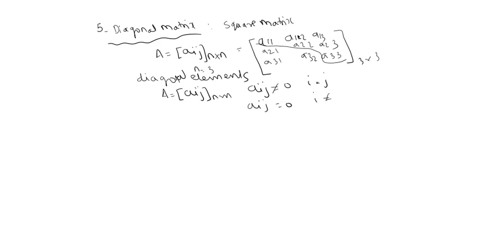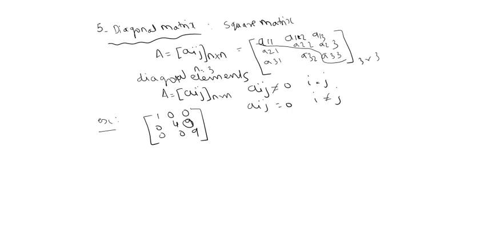For example, 1 0 0, 0 4 0, 0 0 9. Here the first row first column element is non-zero, the second row second column element is non-zero, the third row third column element is non-zero, but the remaining all are zero, so we call it a diagonal matrix.